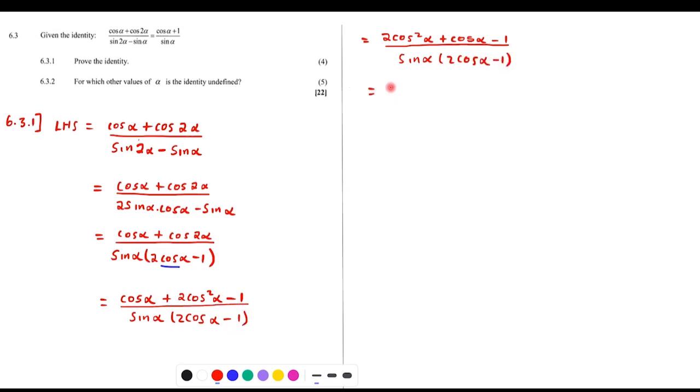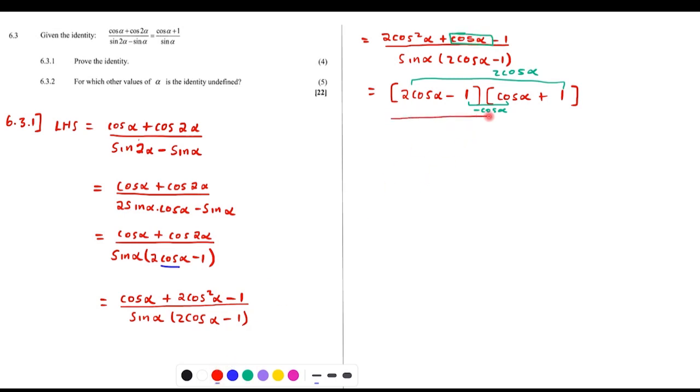Now let's factorize that one at the top. So the factors there are going to be 2 cos alpha and cos alpha, which gives us 2 cos squared alpha, and then the factors for 1 are 1 and 1, and then here I'm going to have the positive here and the negative there. That way I know that if I multiply this with that, I get the 2 cos alpha, and if I multiply this with that, I get a minus cos alpha, and when I sum both together I get a middle term, which is going to be cos alpha.